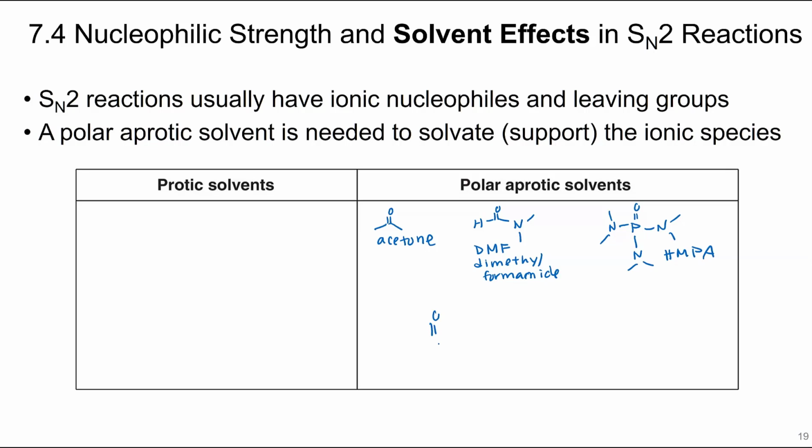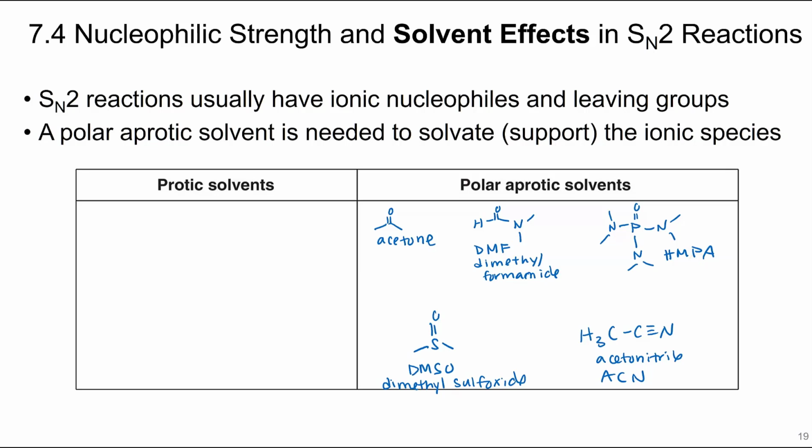We also have dimethyl sulfoxide, or DMSO. So this looks like acetone but has a sulfur there. And then the last one is acetonitrile, which can be abbreviated ACN. So usually these polar aprotic solvents for some reason tend to have acronyms. So we have acetone except for that one, DMF, HMPA, DMSO, and acetonitrile.